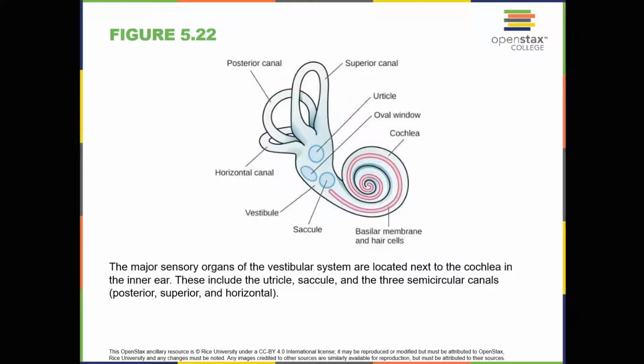Therefore, both proprioception, which is the perception of body position, and kinesthesia, which is the perception of the body's movement through space, interact with information provided by the vestibular system. These sensory systems also gather information from receptors that respond to stretch and tension in muscles, joints, skin, and tendons.